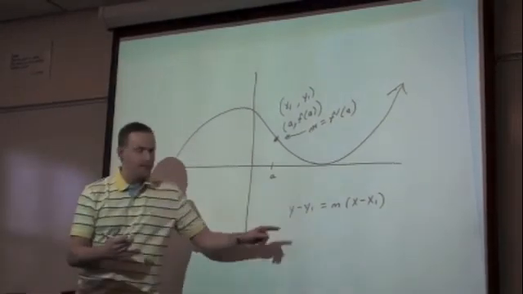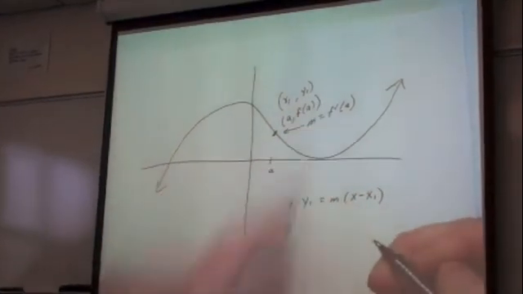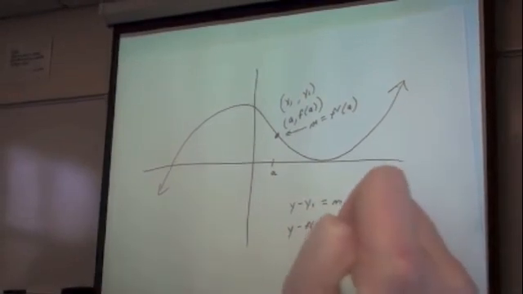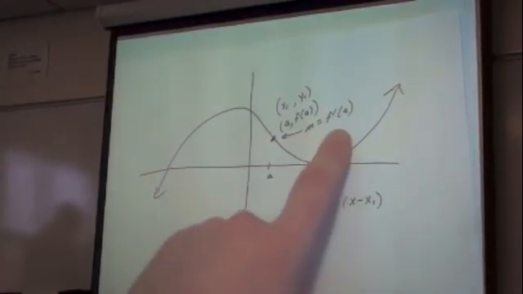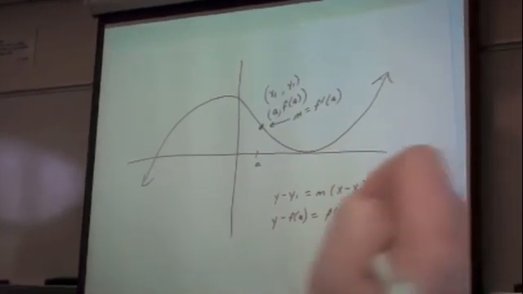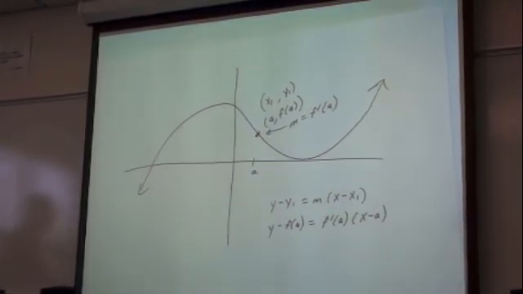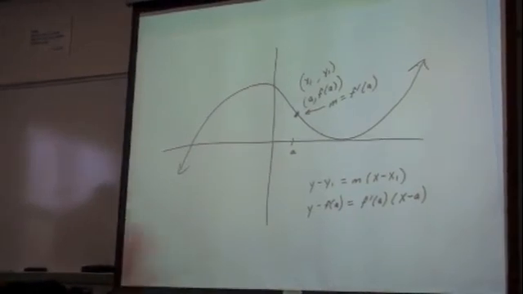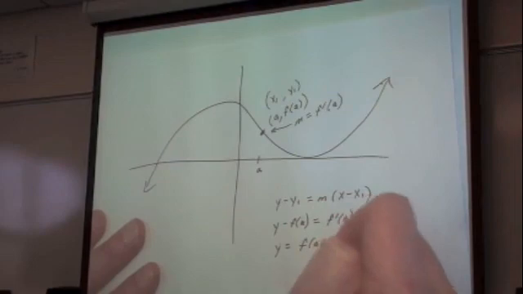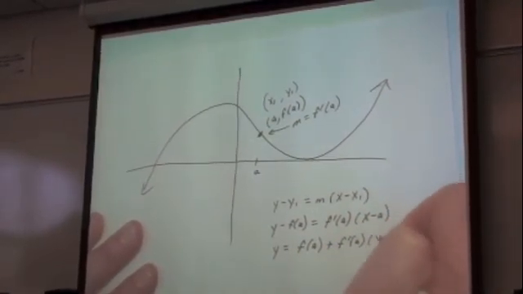So y minus y1 becomes y minus f(a) equals the slope, which is f prime of a, times x minus a. So the equation of our line going through this point on this curve is y equals f(a) plus f prime of a times x minus a.